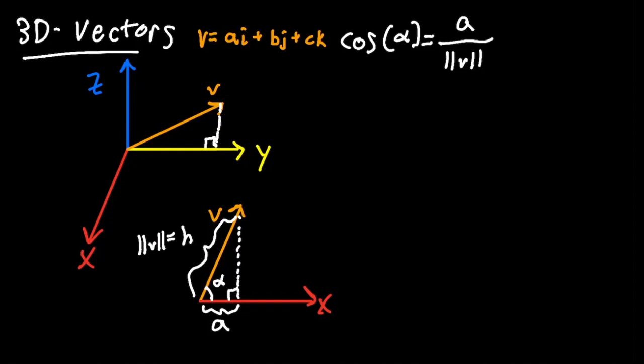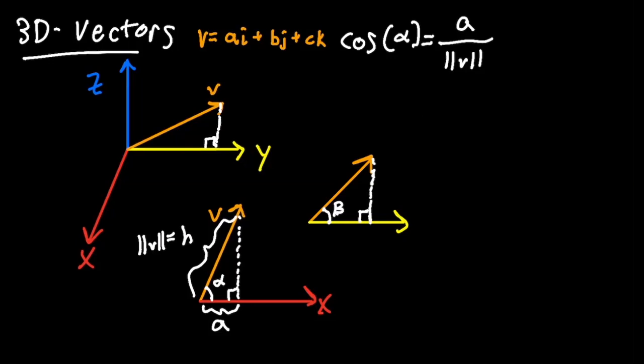If we were to draw this out, we would have the vector v here. We have the y-axis here. Our angle we're looking at here, we could call this angle beta. And we drew a line perpendicular to the y-axis, all the way up to the end of the vector.